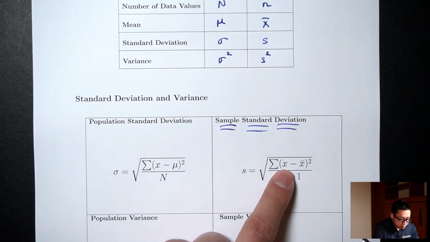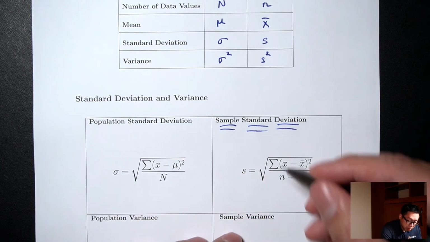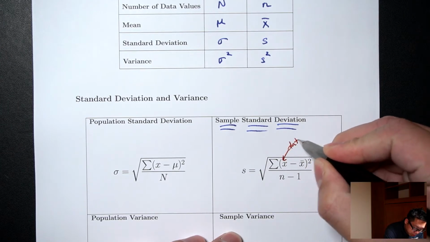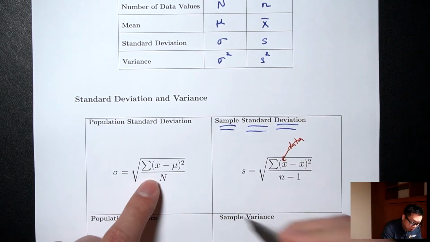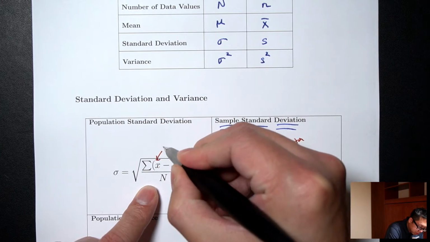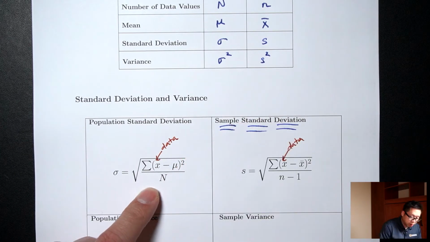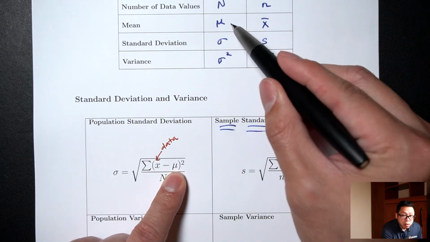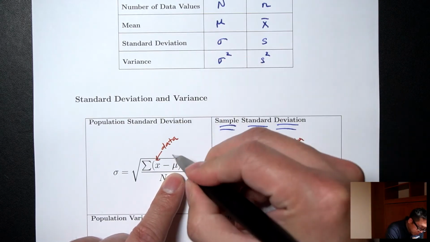Now, the x, little x, that's our data. Okay, and that's the same in both. This symbol, which is right here, is the mean.